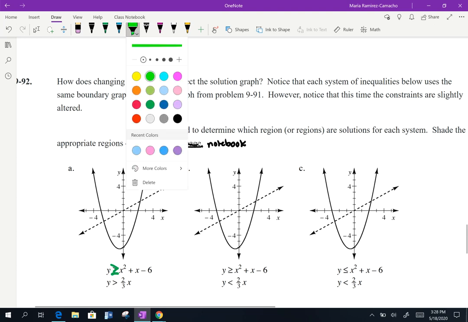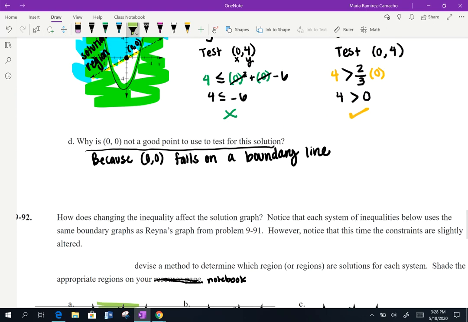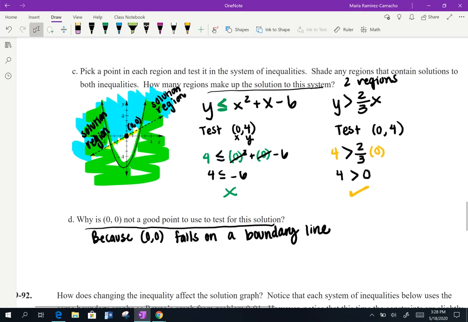Instead of shading below the parabola, I'm going to shade on the inside. I chose a little bit of a different shade of green in hopes that we can see the solution region a little bit better. But again, here we had less than or equal to, so we were shading on the outside. If the sign flips, then the side that we're shading also flips.